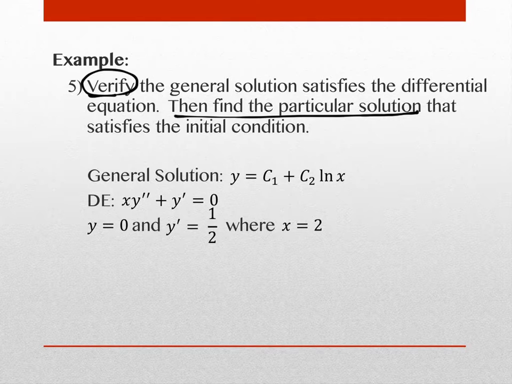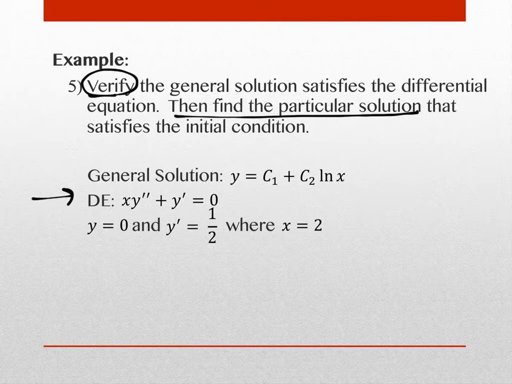So this is like a combination problem of the first problems we did, the verify problems, and the last problem we did, the find the particular solution problems. So it doesn't really matter which order you necessarily go in always. But you're going to have to actually plug in the simplified solution eventually in a minute or two. So we're going to need a y prime and a y double prime. Agreed? Because the differential equation has a y double prime in it.